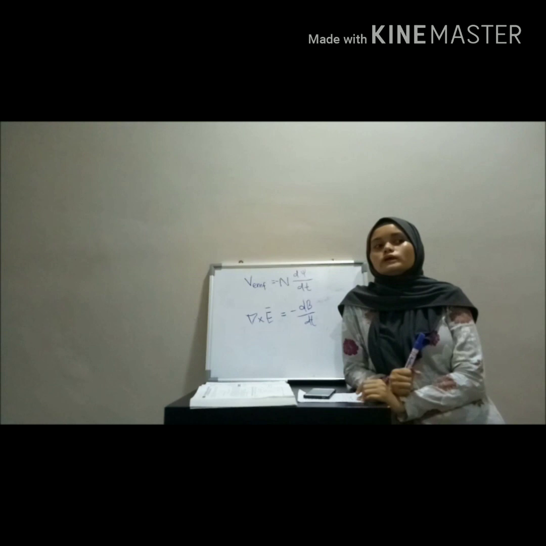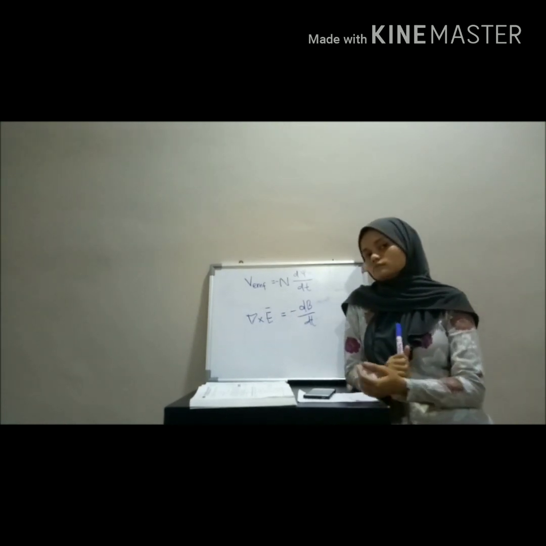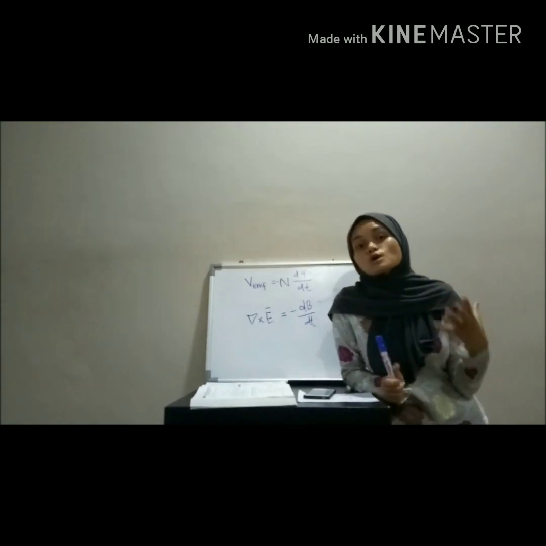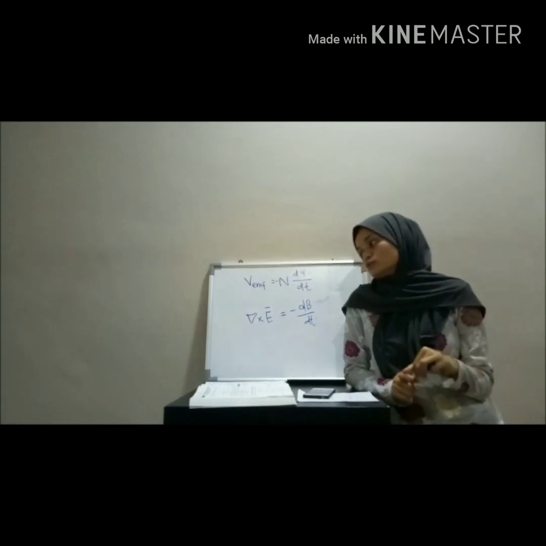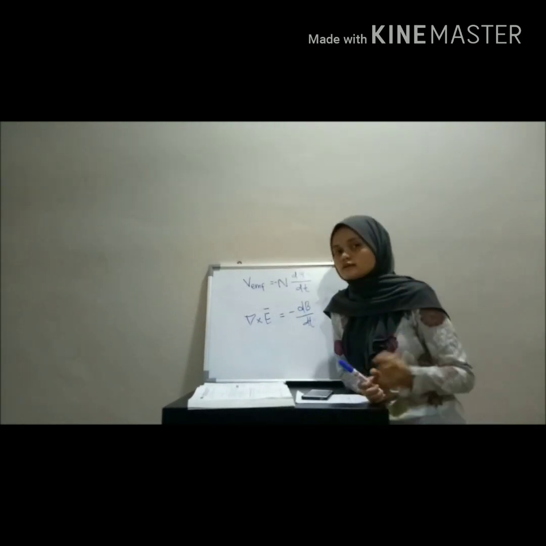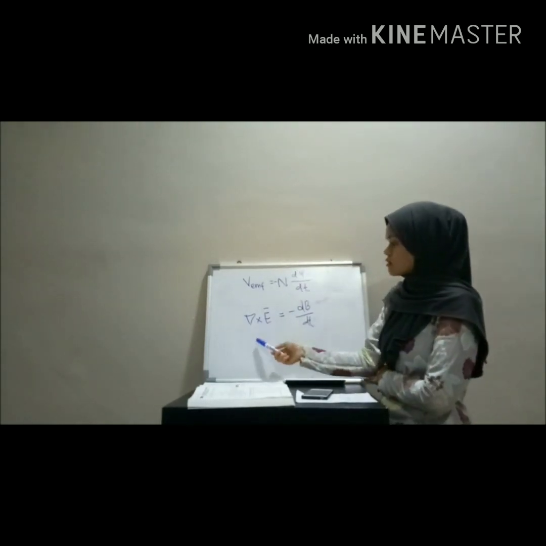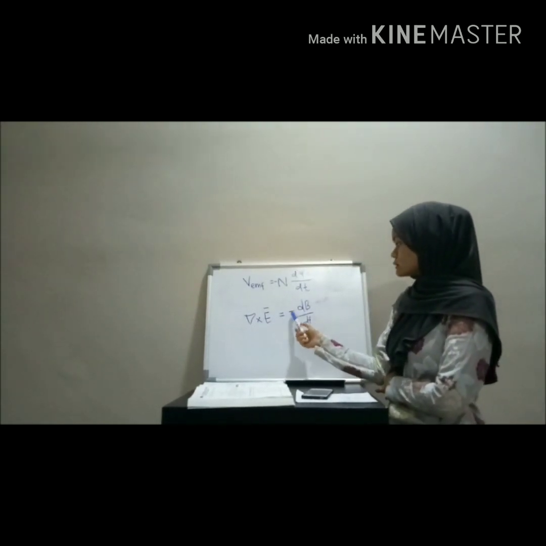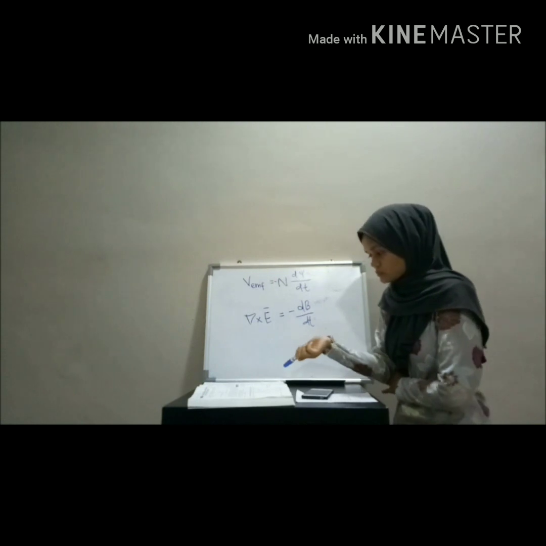When we use Stokes' theorem, that is how we get Faraday's law equation. The differential form of Faraday's law is del cross E equal to negative dB over dt.